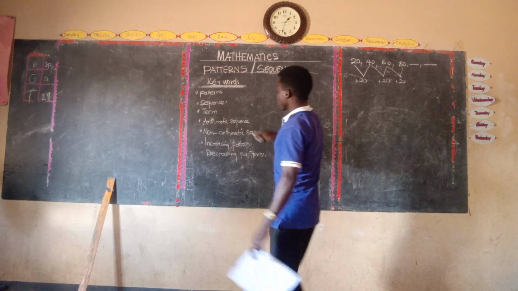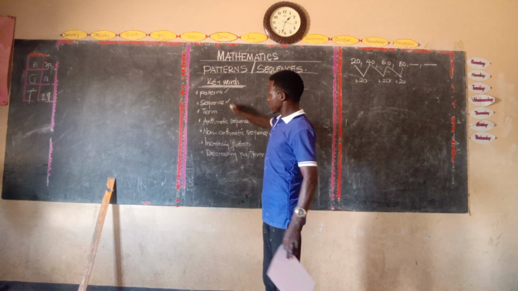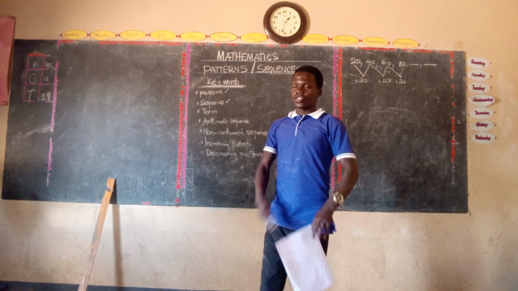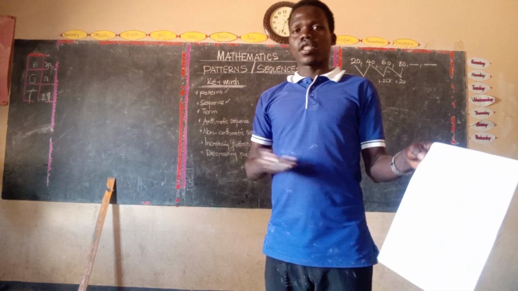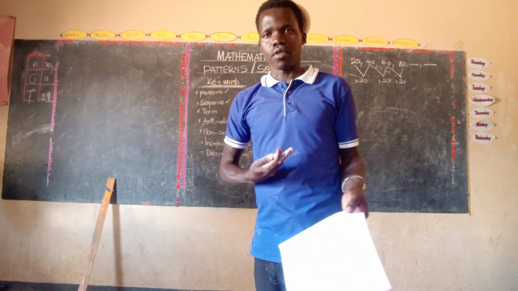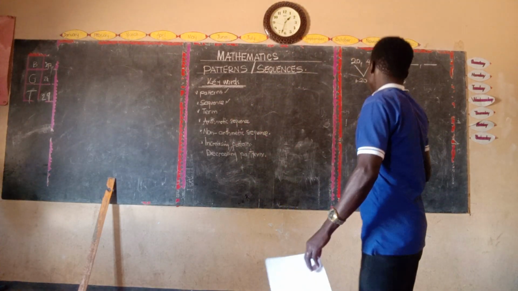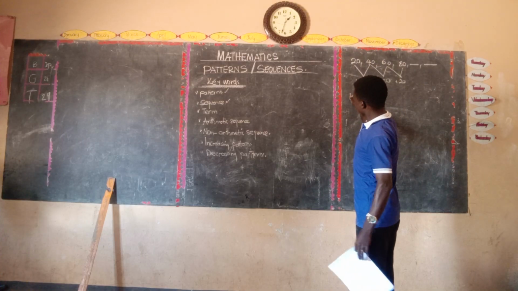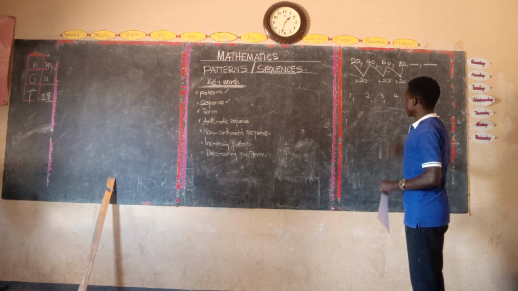Then we come to this one. This one is done, we're going to this. It's called the sequences. When I talk about sequences, they are a set of numbers written while following the rules. And that rule is what is called the patterns. We can write very many sets of numbers. Somebody can write 1, 2, 3, 4.